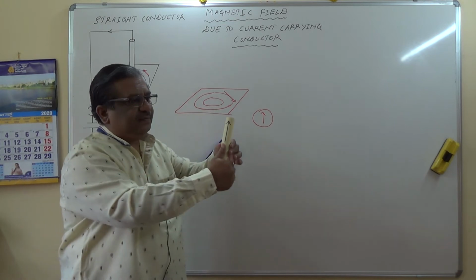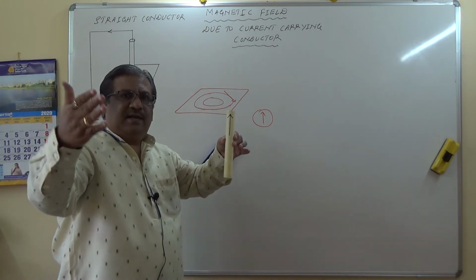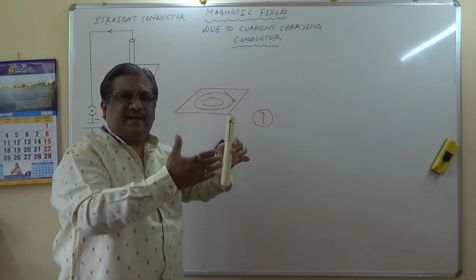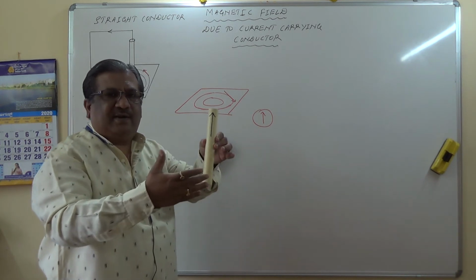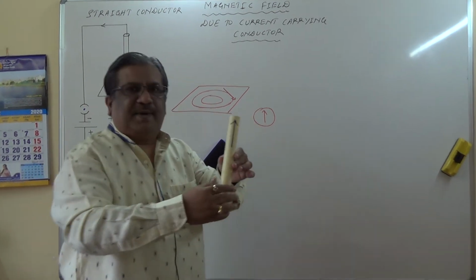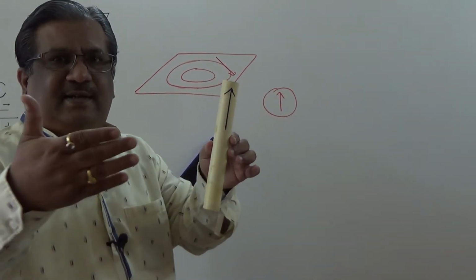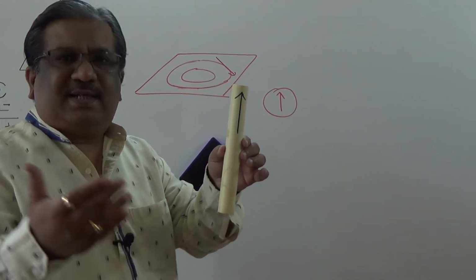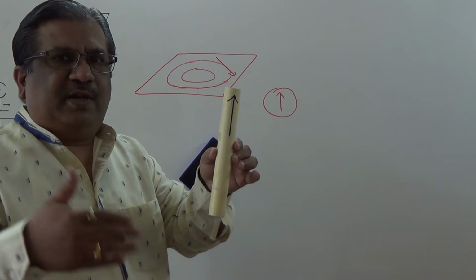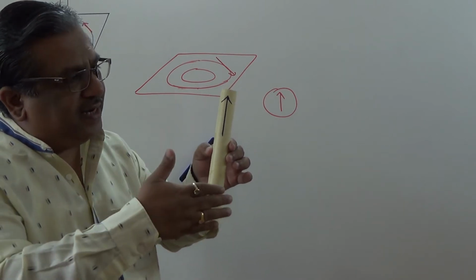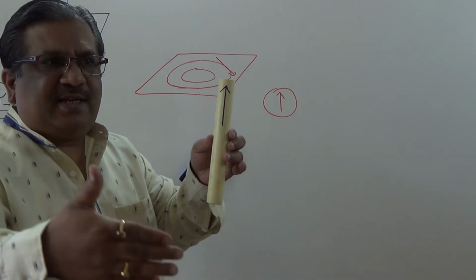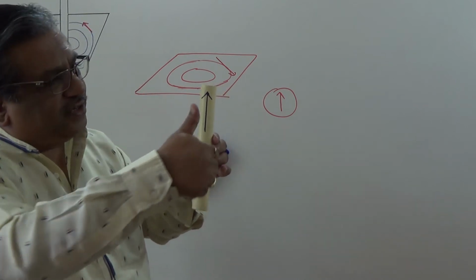Once again, imagine, you cannot hold a current carrying conductor in your hand. Why? You will be electrocuted, and therefore you have to imagine that you are holding a current carrying conductor in your right hand such that the thumb points towards the direction of the electric current.